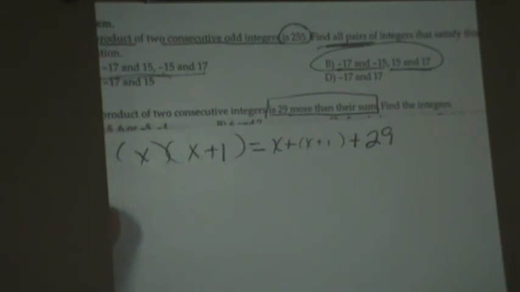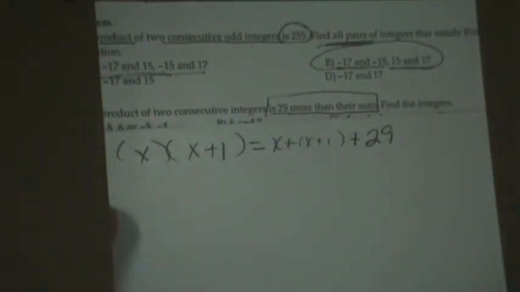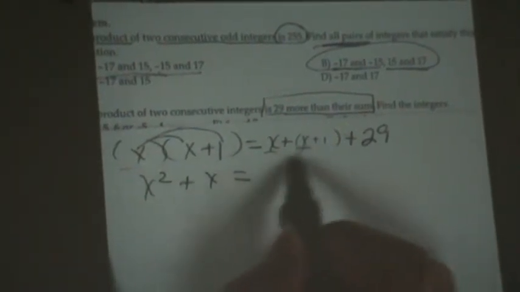That plus that. x plus x plus 1. That's the sum of them. So that one's a little harder, huh? Okay, this one's multiplied, so let's multiply it. x squared plus x.